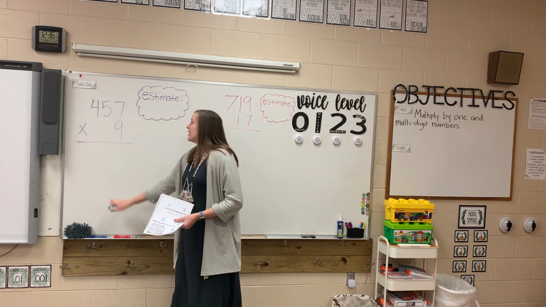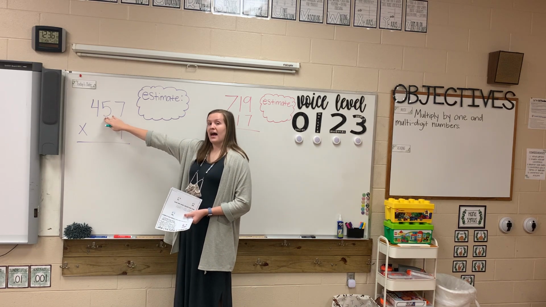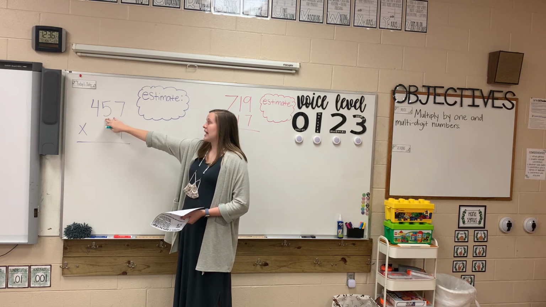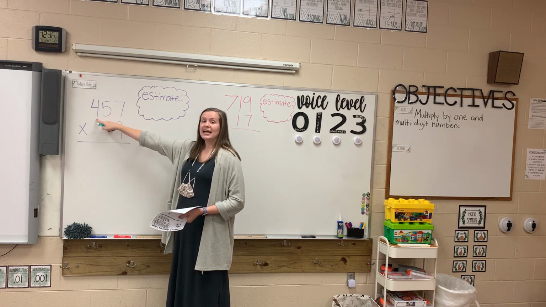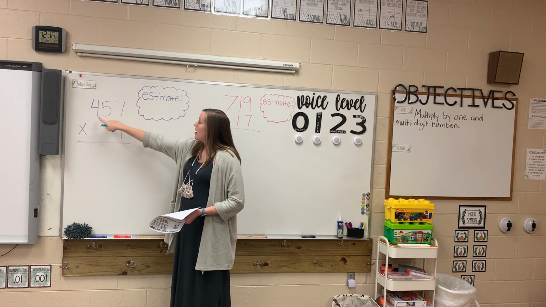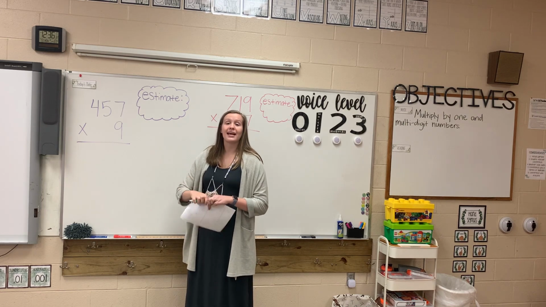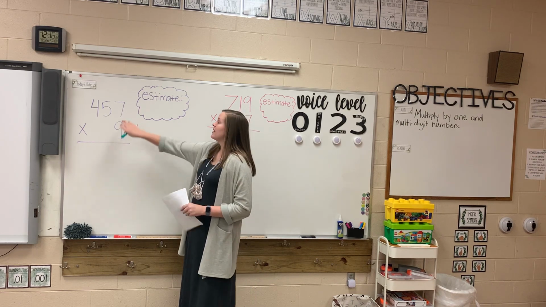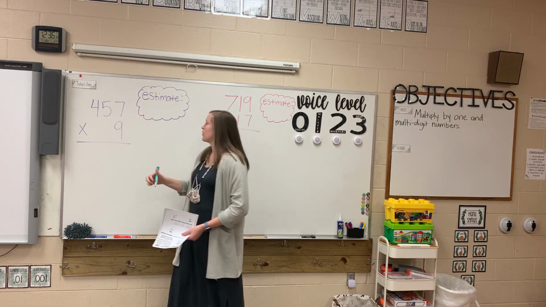So we're going to look at the tens place, and we see that that number is a 5. 5 tells us that we're going to need to round up. So our 4 is going to become a 5, and we're going to put zeros where our 5 and 7 were. So we're rounding up to 500 because 457 is closer to 500 than it is to 400.